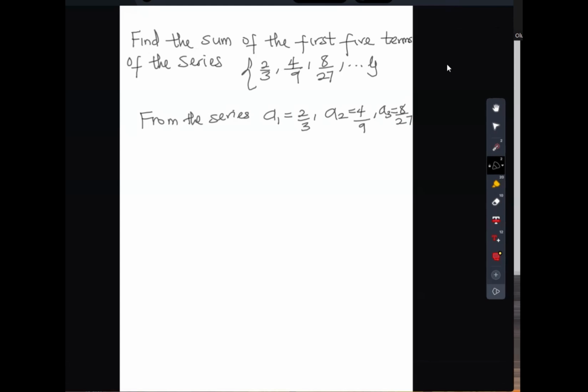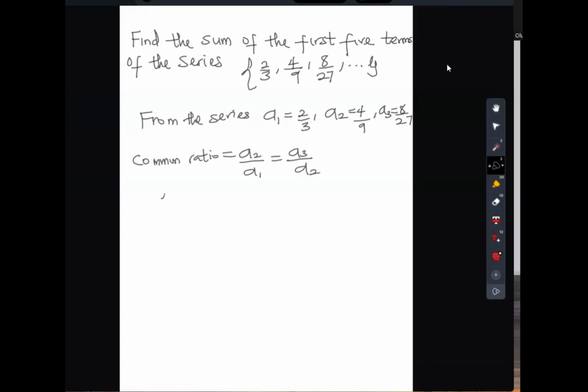Remember I said for us to check if it's a geometric progression, the common ratio R has to be such that A2 divided by A1 must be equal to A3 divided by A2. Now, let's quickly check that.